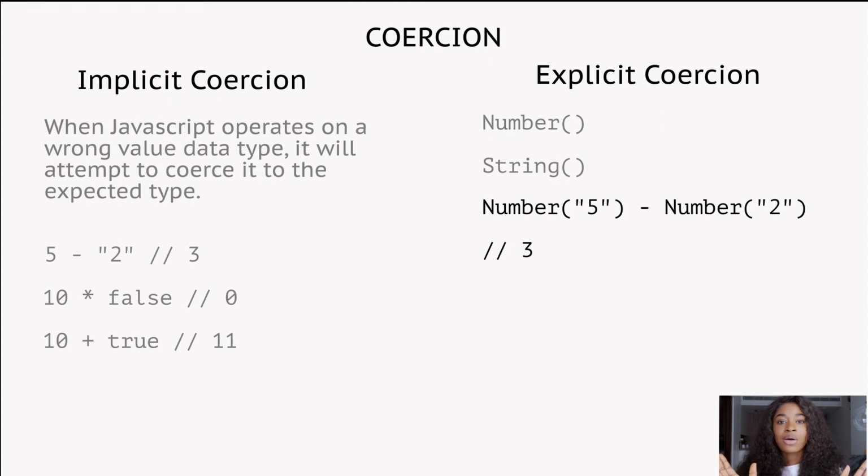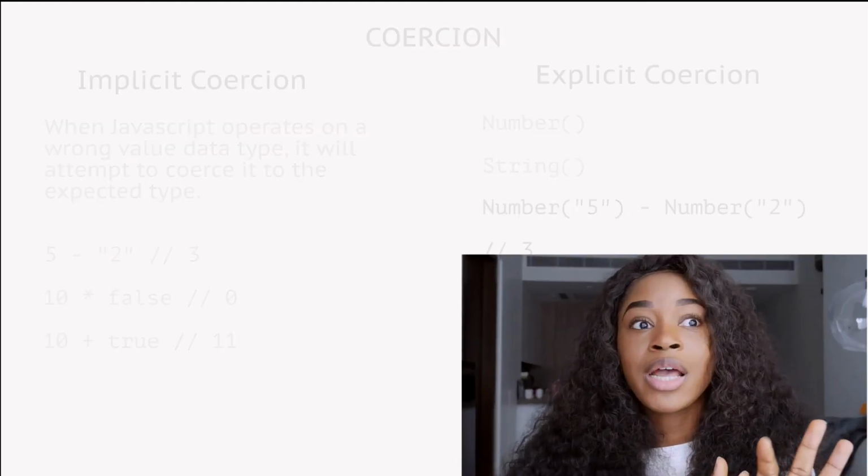So these are a few examples of implicit and explicit coercion. Now I'm sure we have an idea of the different value data types we have in JavaScript and how they can be converted or coerced from one type to another.